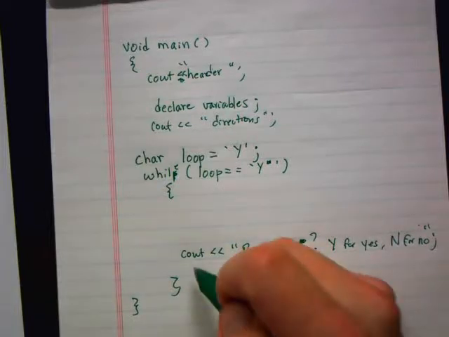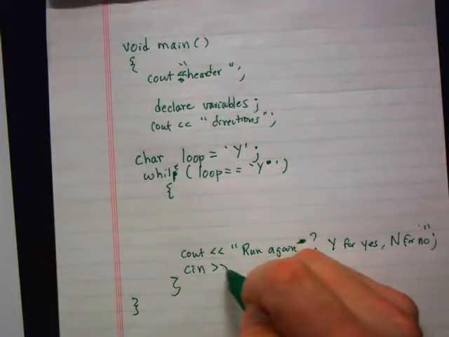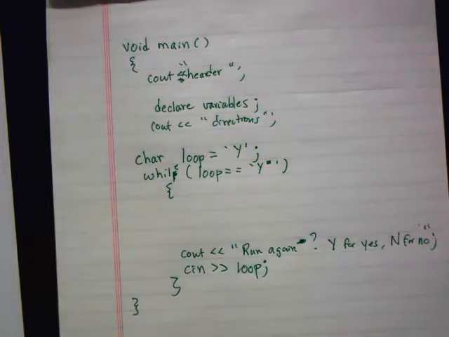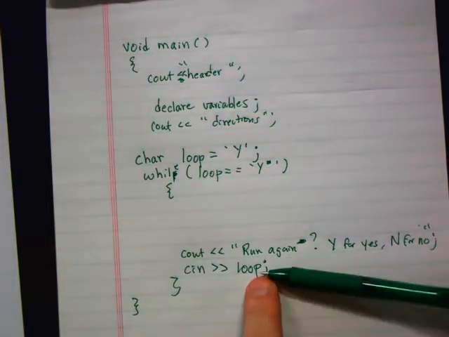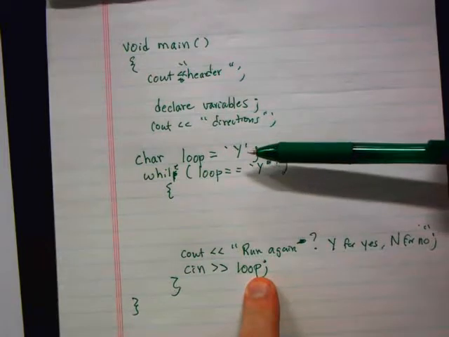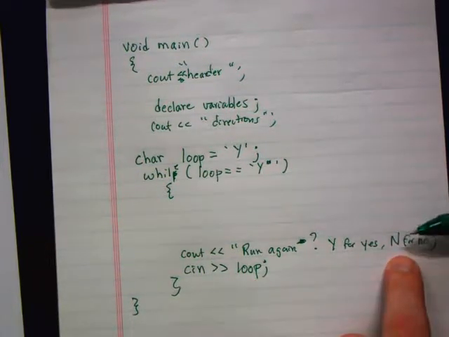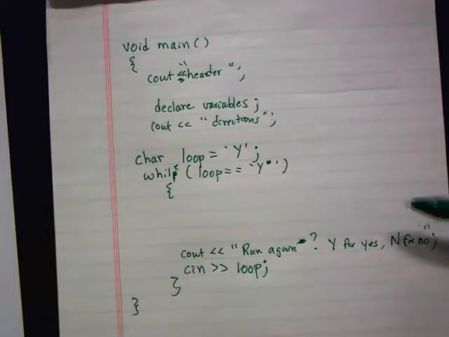And then you'll have the person cin loop. So if the person types a Y, then it'll run again. If they type anything else, it really doesn't have to be an N, the program will stop.